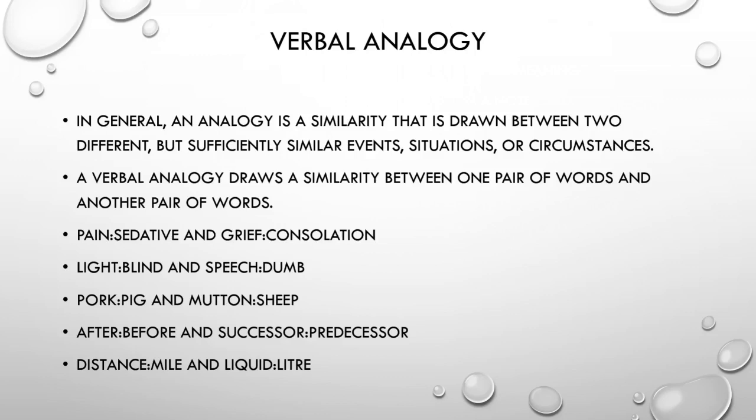Similarly, if you look at the pair light and blind, the blind cannot identify the presence of light. So similarly, you look at a similar pair, speech and dumb, that is similar to this one. A dumb person cannot speak. So speech and dumb is the pair that is similar to this pair.